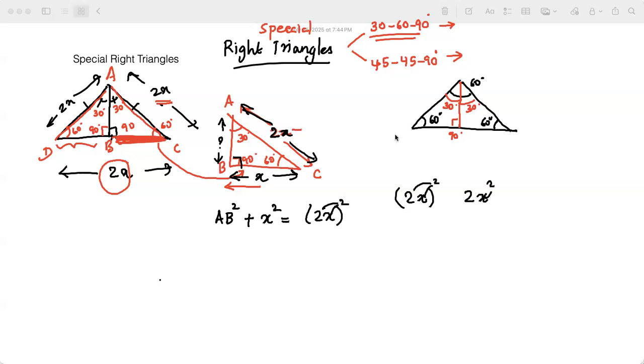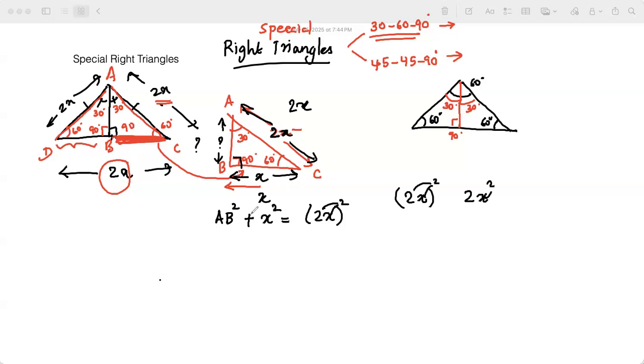See, I've given you the sides of a right triangle. The longest side, I'm saying it as 2x. This side is x. I'm asking you what is the third side. The Pythagorean theorem says c square equals a square plus b square. Considering AB and BC as a and b, C is the longest side.